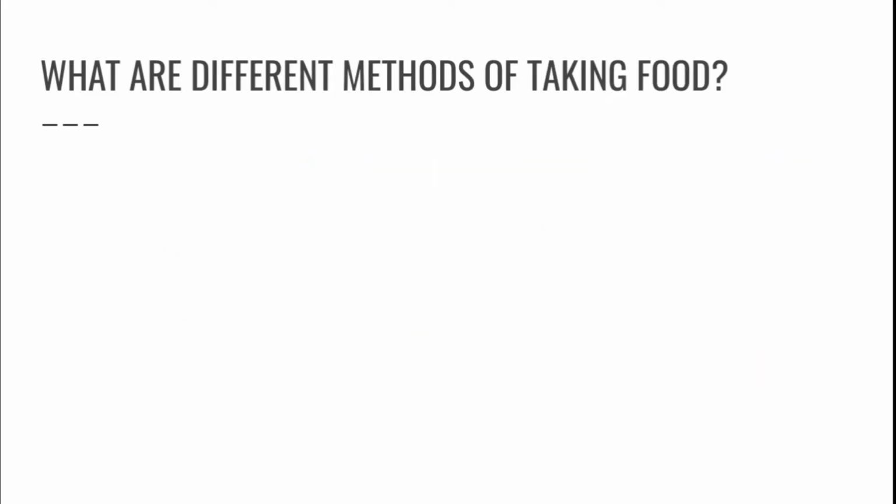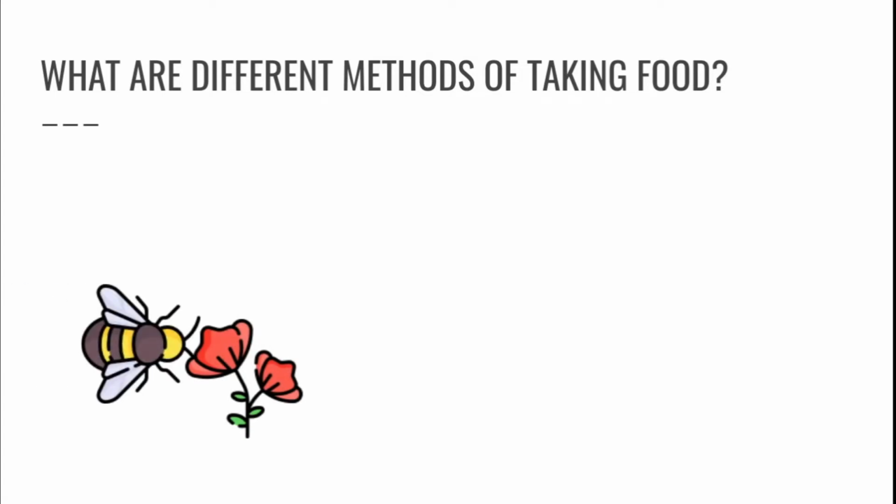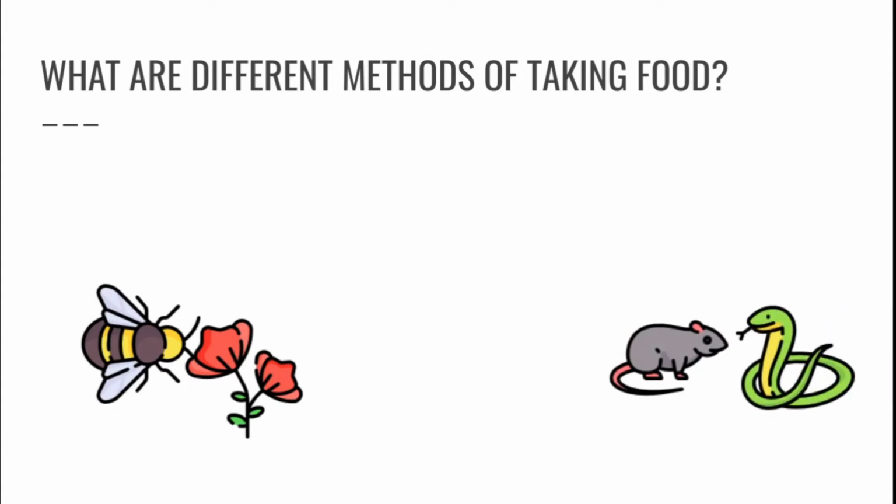Alright, coming to the second question, what are the different methods of taking food? Different organisms have different methods of taking food. For example, a bee sucks the nectar of a plant, a snake swallows small animals like rats, and aquatic animals eat the food floating in the water.